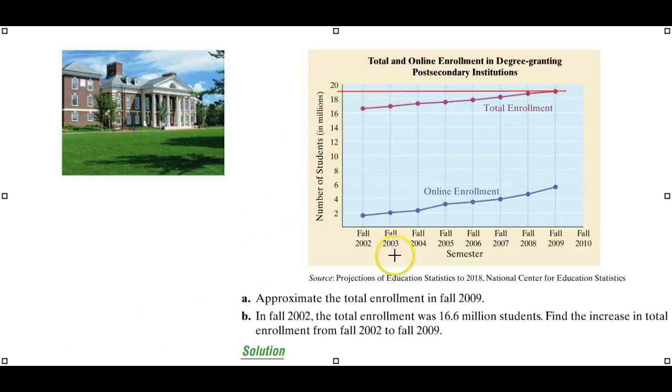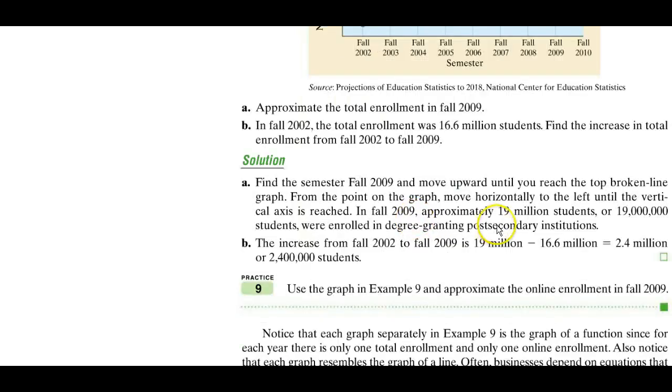All right. So in part B, they're saying the total enrollment in 2002 was this. So you would subtract the enrollment from 2002 to there, and that should give you a number. But again, it's kind of hard to pick out. Okay, well, we said 19 million.